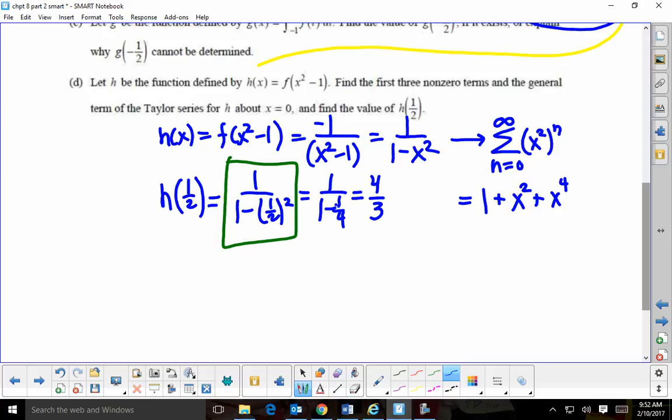And how many? Just 3? We've already got our general term. It's always the same thing as that. So that's x to the 2n. There we go.